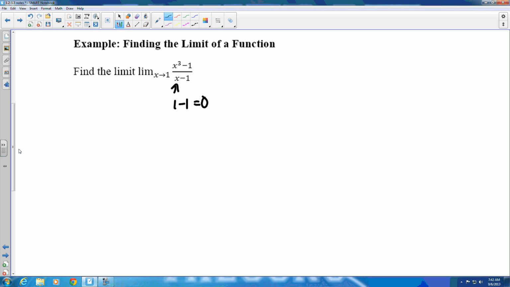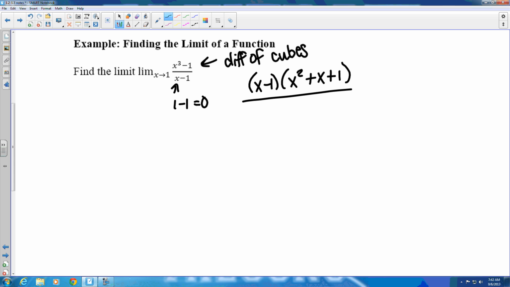So noticing that on top we have the difference of cubes, and if you didn't notice that, you can also do long division to find whatever goes into x cubed minus 1, then we know that on top is going to be x minus 1 times x squared plus x plus 1, and the bottom is x minus 1. So like I said, you're definitely going to have one that cancels, and if you don't, you did something wrong.